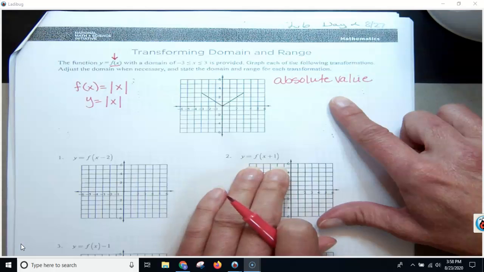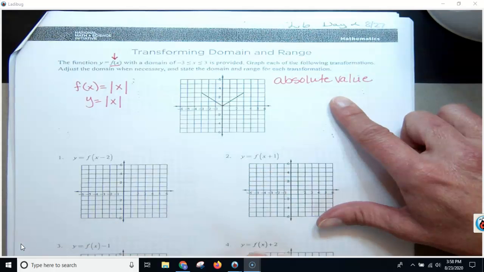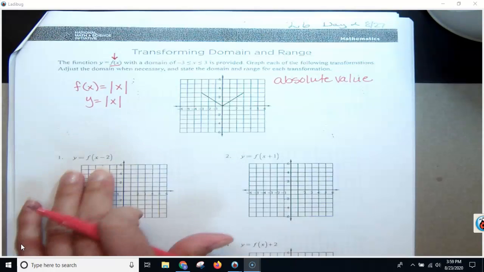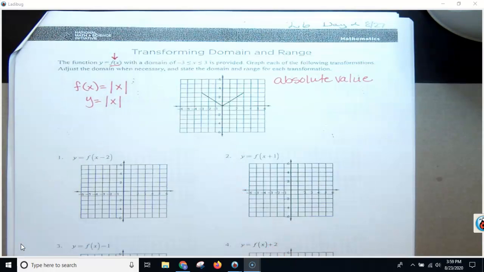Then as these change, what this is saying is that you need to keep in mind that no matter what function it might be, if it was the quadratic function, if it was the cubic function, if it was the square root function, no matter what function it is, it would be similar in adjustments.